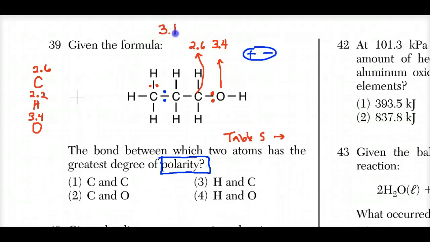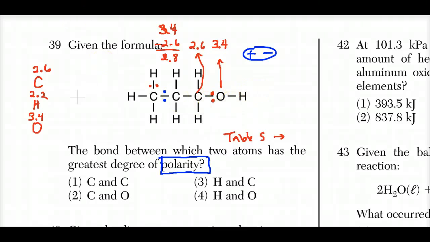So if you don't believe me, 3.4 minus 2.6 gives me 0.8. Okay, so that's the difference. That means that oxygen is going to create a more polar bond.